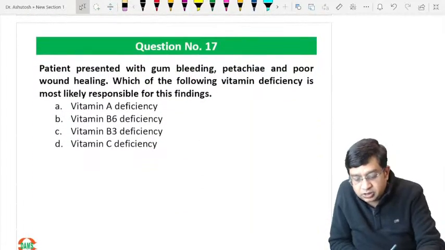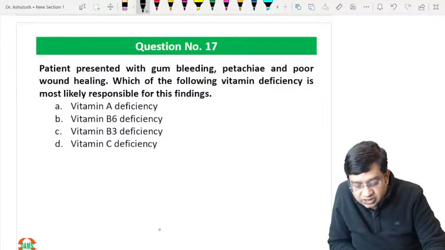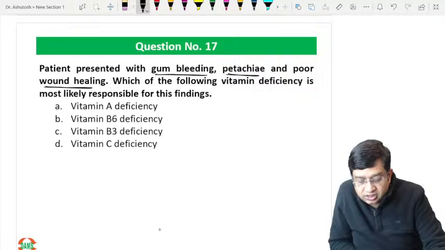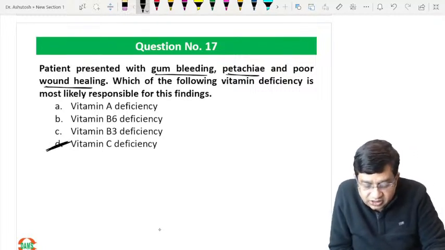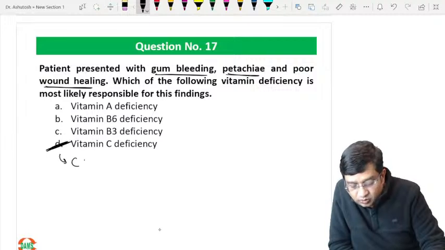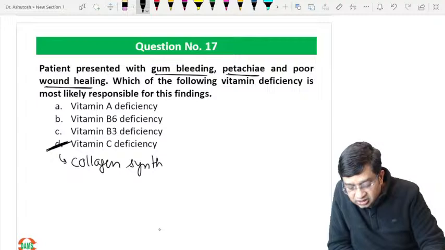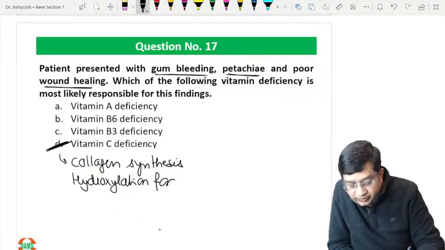Next one, this is also very simple. A patient presented with gum bleeding, petechiae, poor wound healing. Straightforward answer. I don't think anyone would have made a mistake. Vitamin C deficiency, because vitamin C is required for collagen synthesis, and vitamin C causes hydroxylation of proline and lysine.